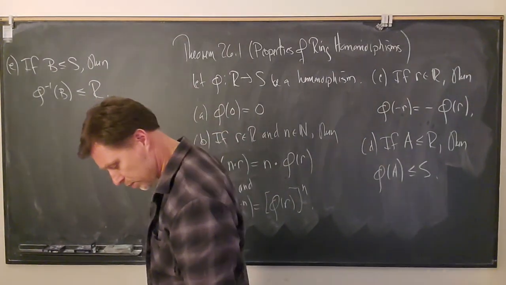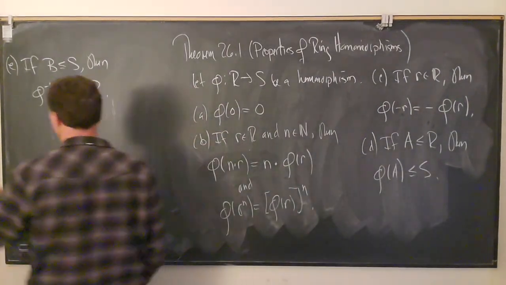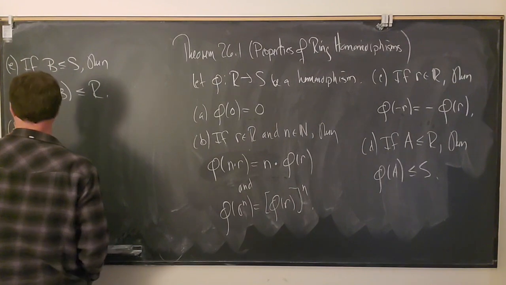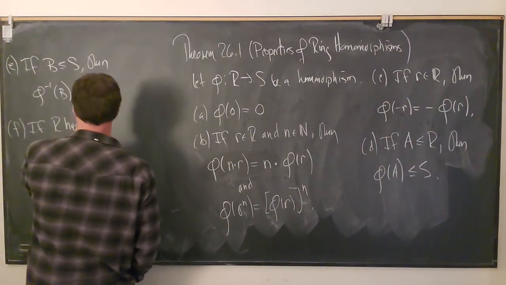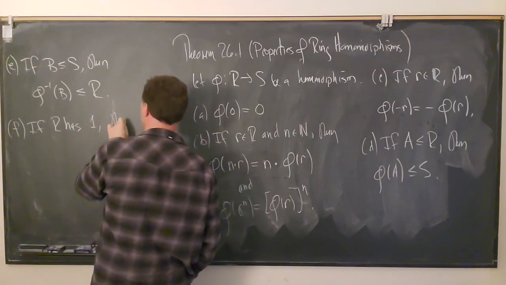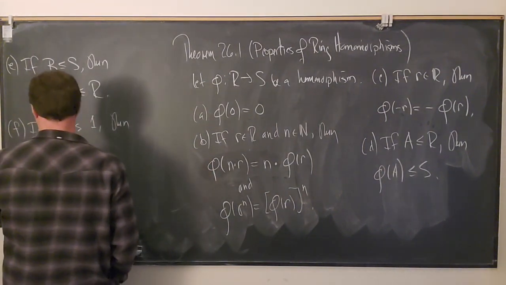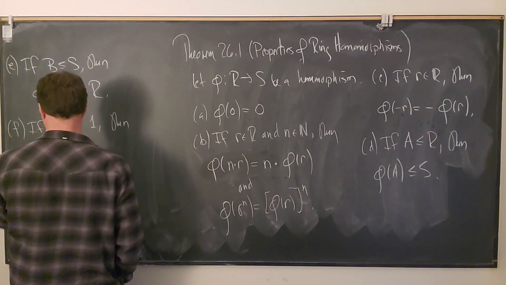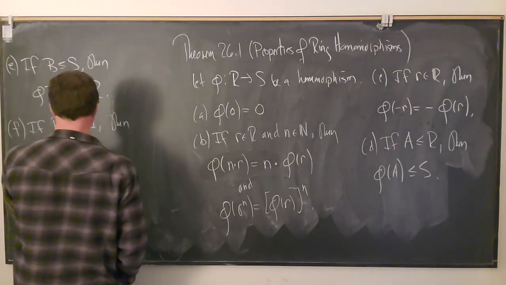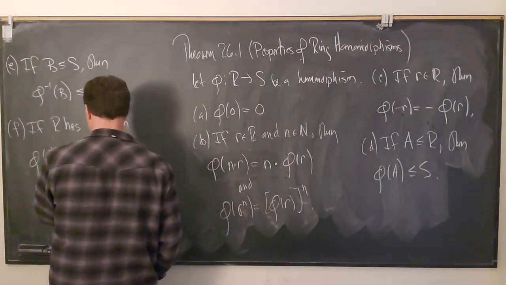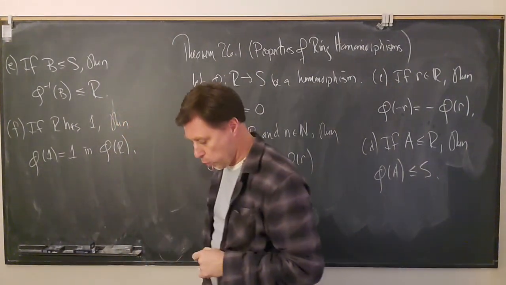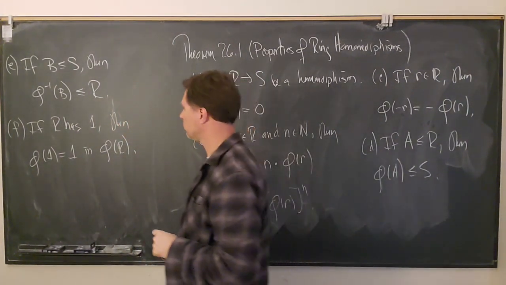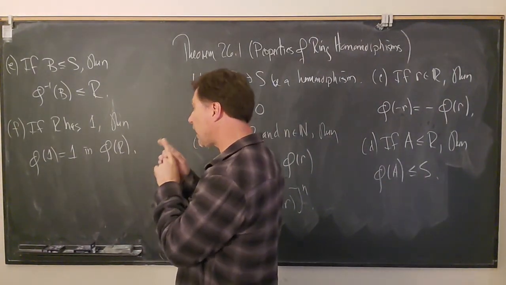And then there's 3 more here. So the next one: if R has unity, then phi of 1 equals 1 in phi of R. Now, we need to be a little bit careful. What is this saying?